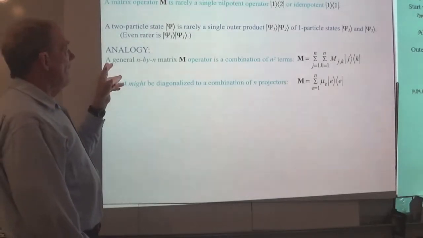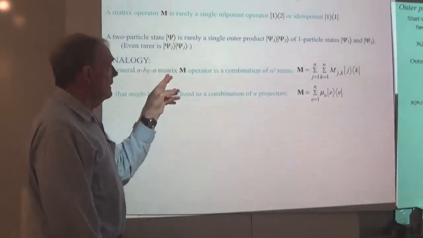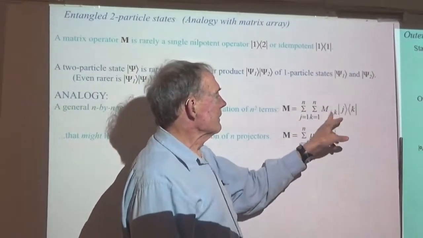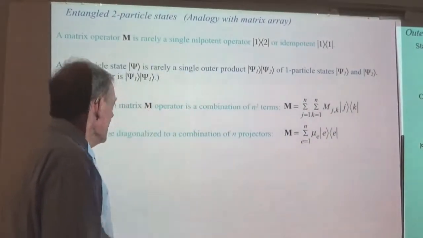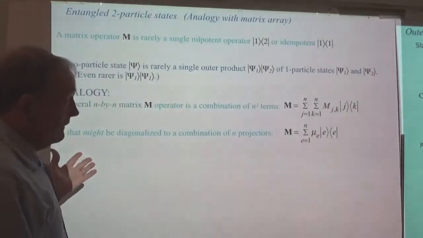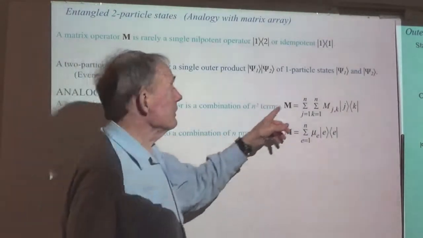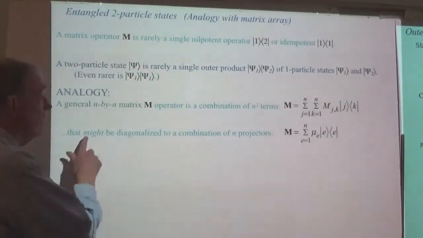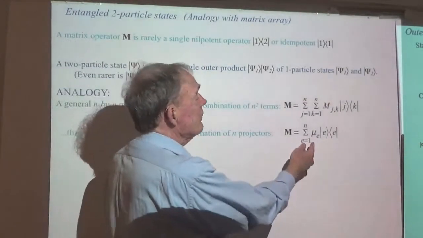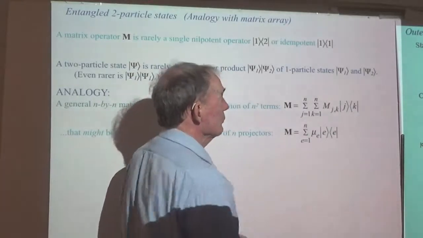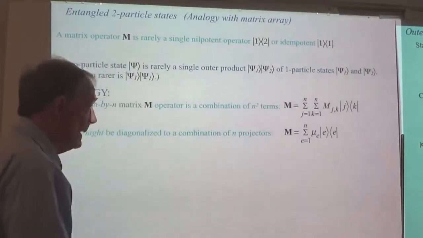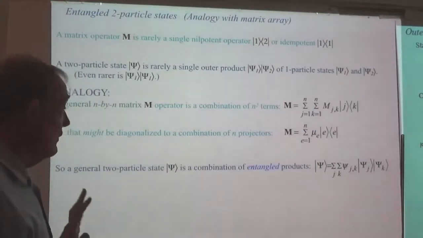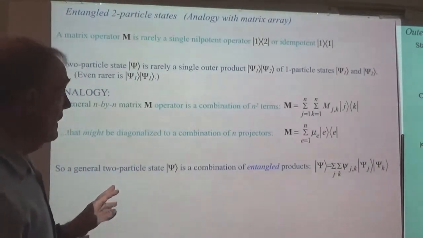But anyway, I'm making an analogy here between an n by n matrix operator that's a combination of these things, okay? And of course, if you diagonalize that thing, if you use a basis in which this particular matrix is in its eigenbases, it might be diagonalized, so it's just a sum over where those guys are equal. Okay. Well, isn't there a generalization of that we should always be looking at?